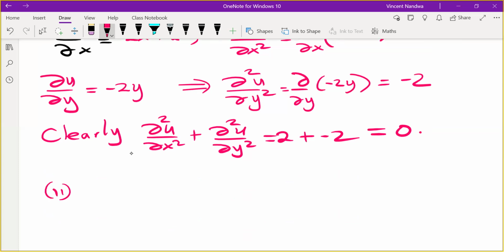Then 2, v is a function 2 e raised to power x cos of y.